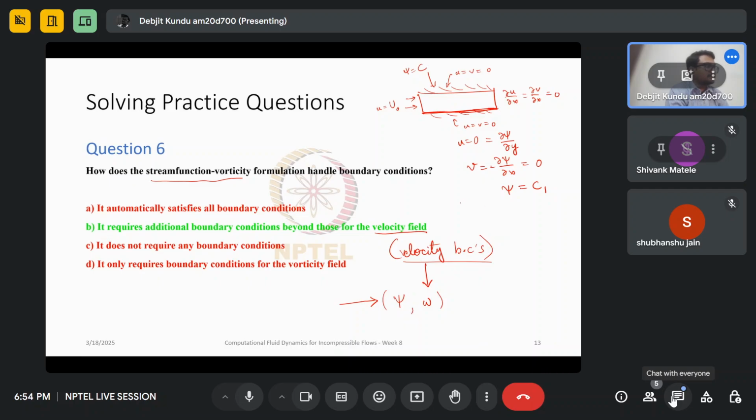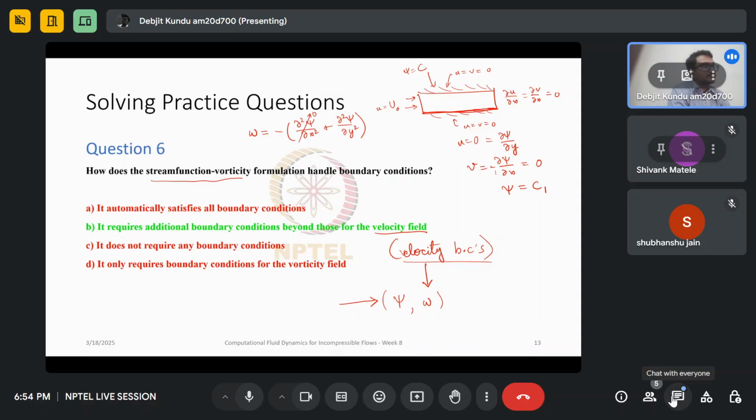Similarly, you can find what should be the omega at that wall as well. So omega is given by dou squared psi dou x squared plus dou squared psi dou y squared. And since dou psi dou x is 0, its second derivative should also be 0.